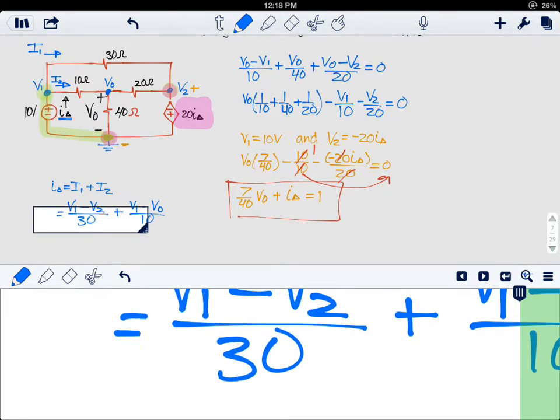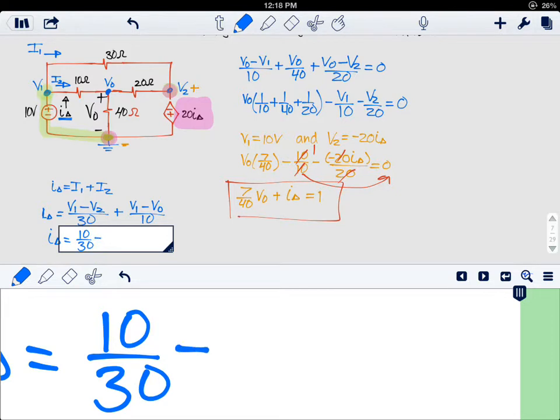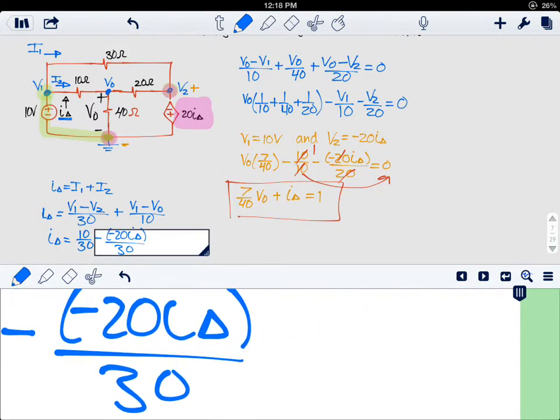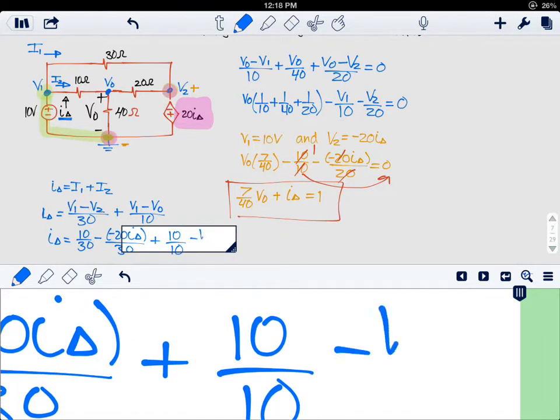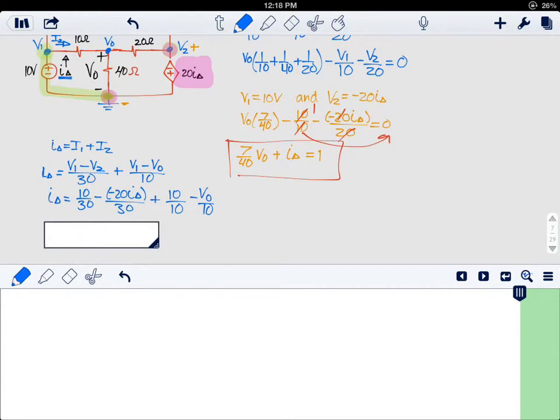We know that V1 is 10, so it will be 10 over 30 minus V2, and we know that V2 is negative 20 I delta, over 30, plus V1, that we know is 10, minus VO over 10. So we have I delta.